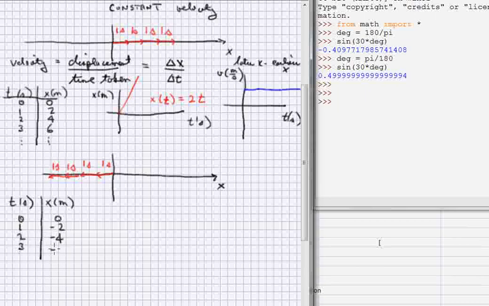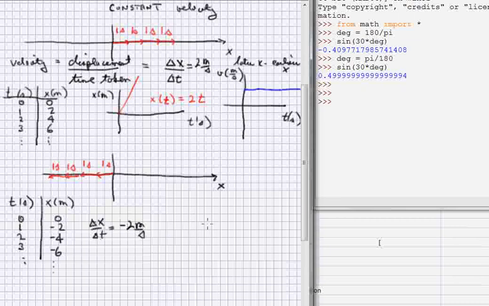Time 3, -6, etc. And so where the velocity up here was 2 meters per second, the velocity down here for this second example is -2 meters per second.